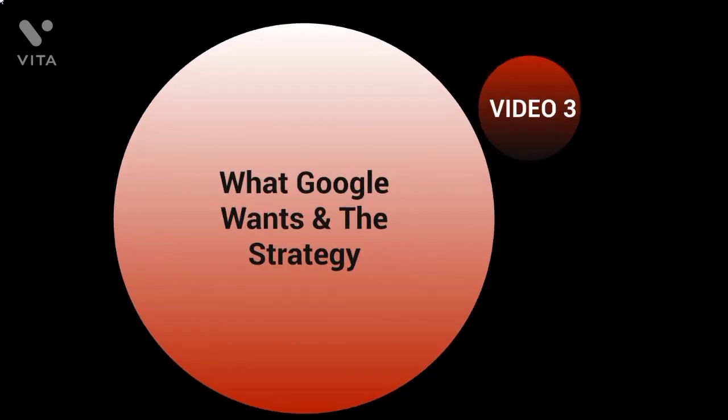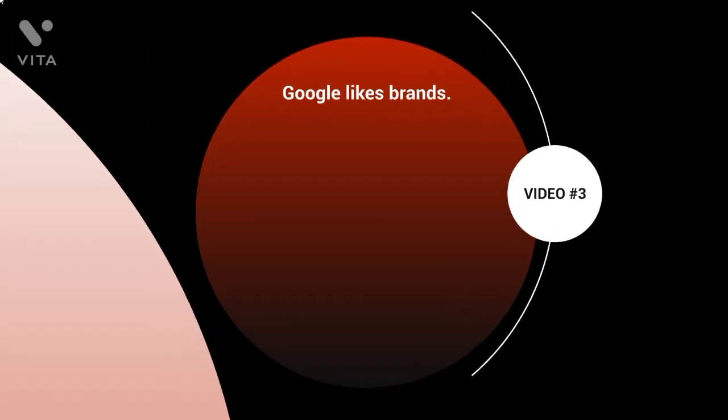Hello and welcome back. This is video number 3, and this is all about what Google wants and the strategy. Now, we don't know exactly whether this is true or not, but based on the data that we have seen, and based on the data that has worked not only for us but for many others, Google likes brands.